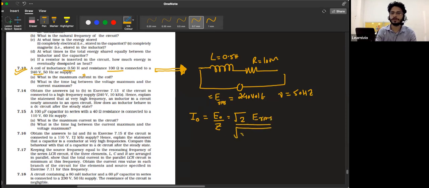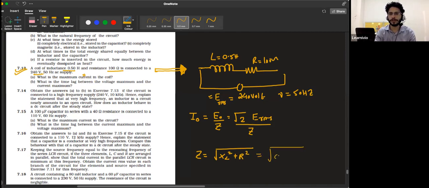Z is root over XL square plus R square. And what is the expression of XL? XL is omega L. So it's root over omega L square plus R square. When you substitute these values, how much is omega?